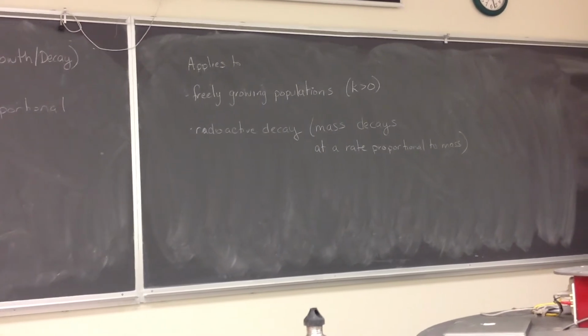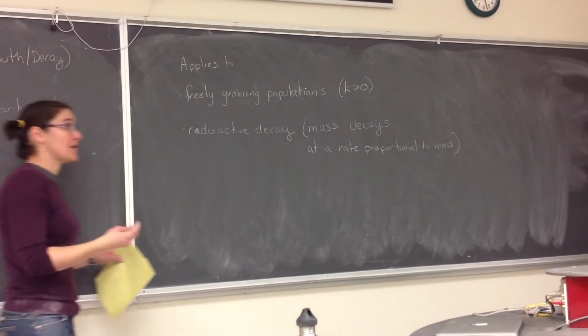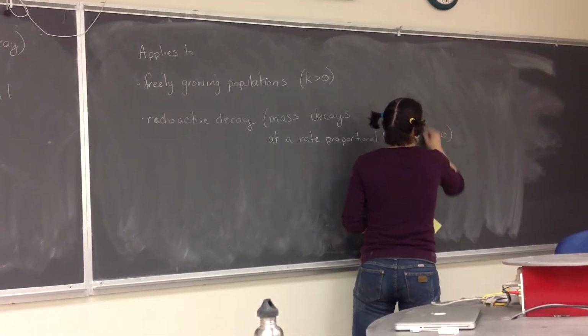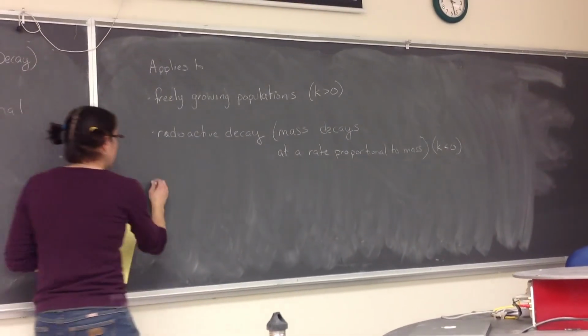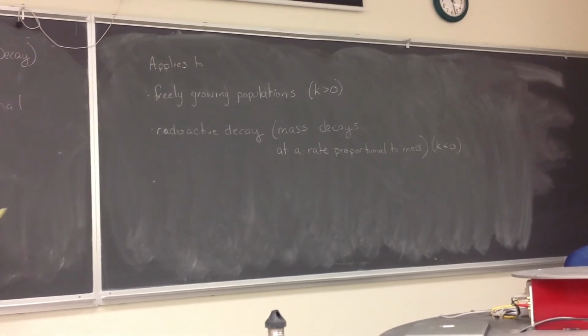So if you swap out the word population and put in the word mass, then we've still got the exact same model, only in this case we're talking about decay, and so k is going to be a negative number. And then if you're interested in making money, this model also works for continuously compounding interest.